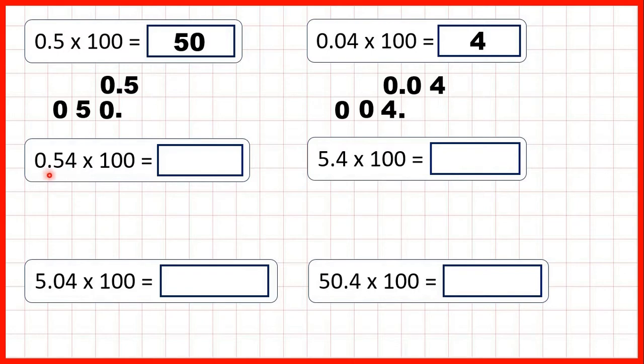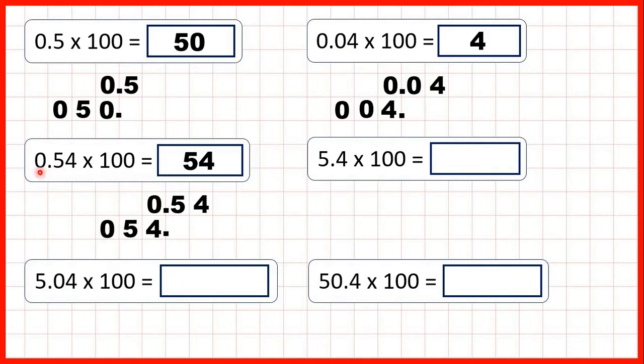Next we have 0.54 times 100. So we write the number out, copy down the decimal point and move the digits 2 squares to the left. That gives us the decimal point on the end of our number, so we have a whole number. That's 54 because we can ignore zeros at the start of a whole number.